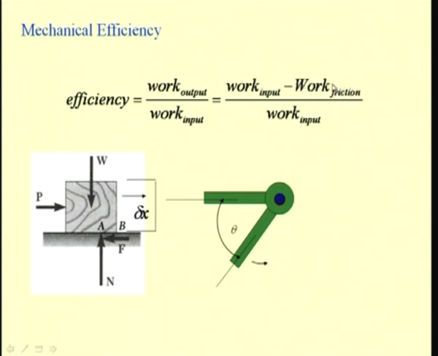This work done by the friction is minus F delta x, as in this case where the block is sliding, and here, as we see in this revolute joint where we are considering the bearing friction in the joints, we have the work done by the frictional moment Mf, and we have the work done by the friction as minus Mf delta theta. So, these terms have to be accounted for and we can find the efficiency of the mechanical system.